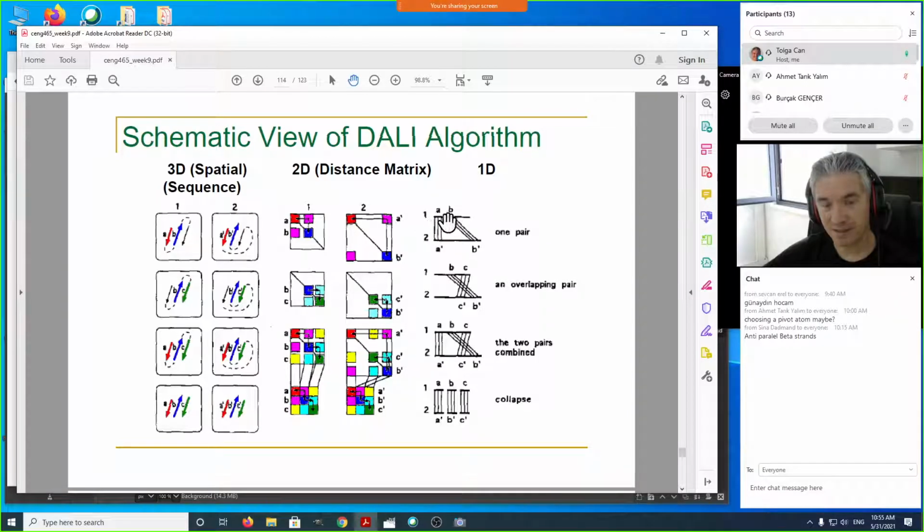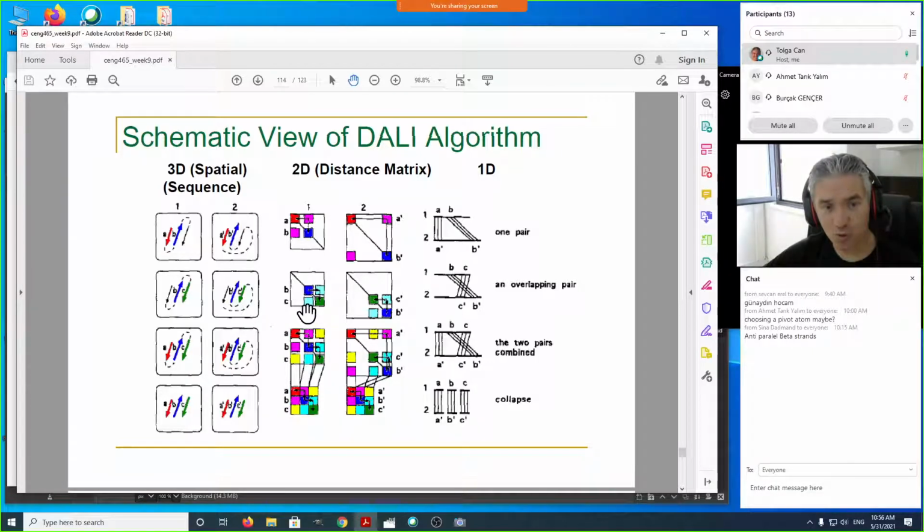But the relationship between this AB and A prime B prime is represented as a single 6 by 6 submatrix here. Imagine we find in another part another submatrix, B and C, and B prime C prime here.